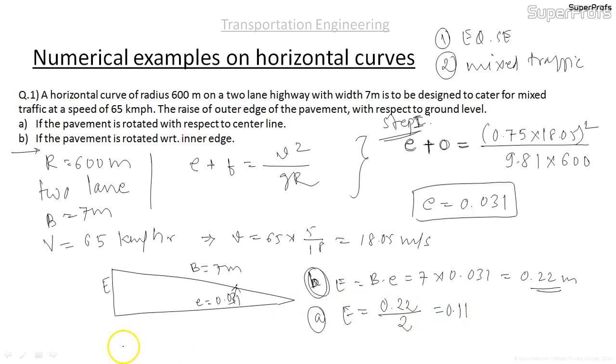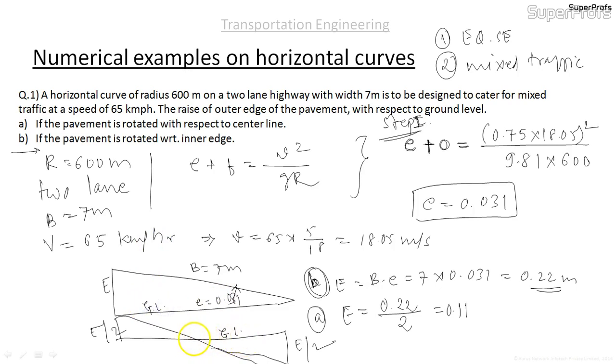Here the case in A is like this, so it is E by 2 and again E by 2. The raise is measured from the ground level, and in both cases the ground level is here.